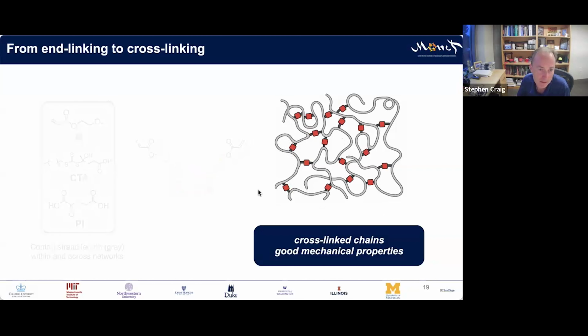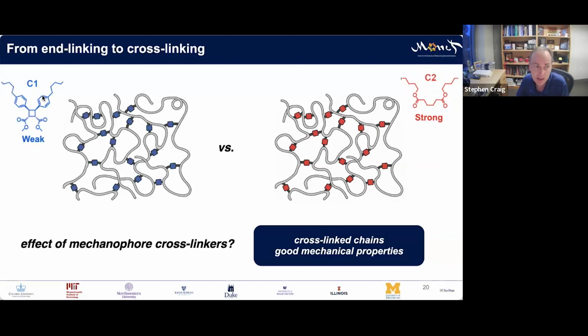Okay. And so Xu then went and asked the question. He could make a conventionally cross-linked network with the normal, strong, non-mechanophore cross-linker, and then make another network under absolutely identical conditions but now with the diaryl cyclobutane.